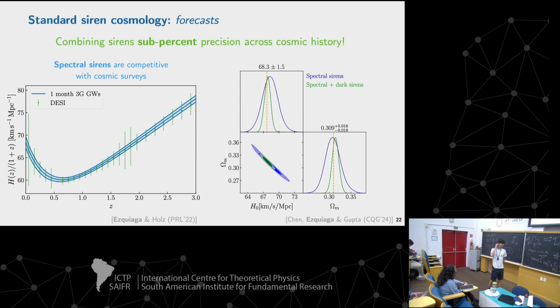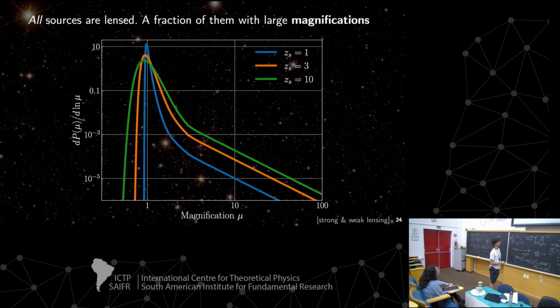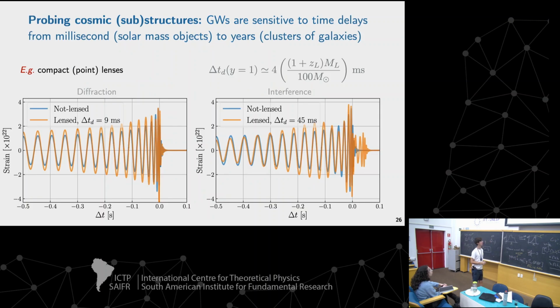Yes, so if you fix your model, and this is also in the slides, for example to a point lens, then you know how the waveform is going to be distorted. If you have another lens model, like an NFW, Navarro-Frenk-White halo, you could solve the diffraction integral, and then you could get distortions for that model as well. So you need to fix the model, and then you could obtain that. Thank you.